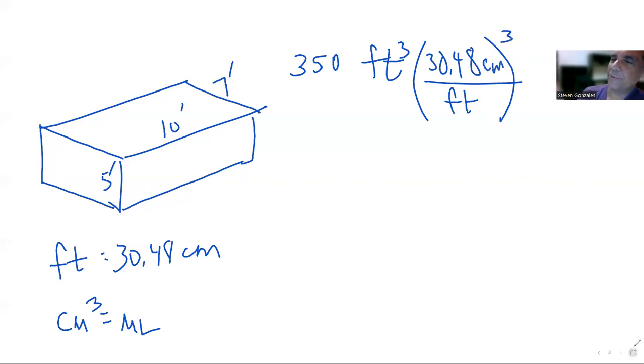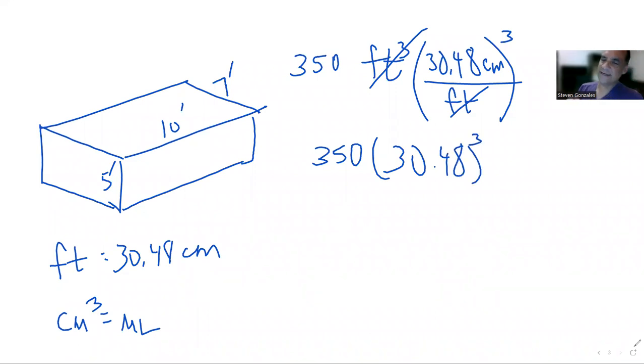Now I can put the 3 outside, and it will at least save me from having to multiply this 3 times. This will cancel out. But now I'm going to have to work out this problem, and you need to have your calculators ready. That's how many cubic centimeters or milliliters there are in this pool.